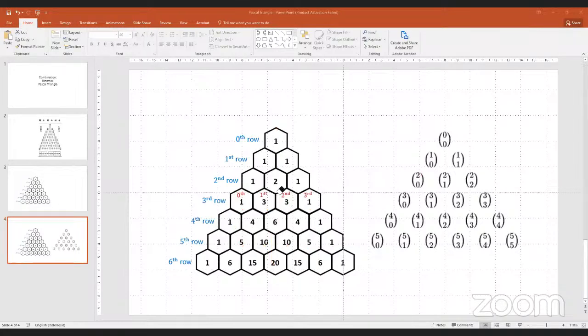So that is how you calculate the triangle and what's the relation between the Pascal triangle and the combination. Okay. Next one. Any question here? Not yet.